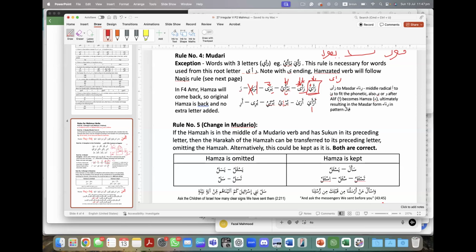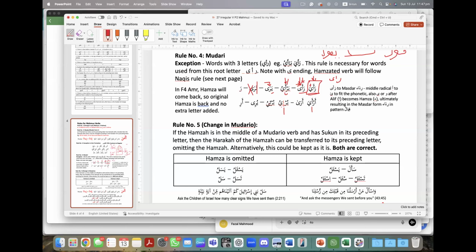Araya is a four-letter verb. Araya, aslama, yuslimu, yu. Can you see Hamza here has got kasra at the moment? And what the rule says, if that is the case, then it will also take kasra here.